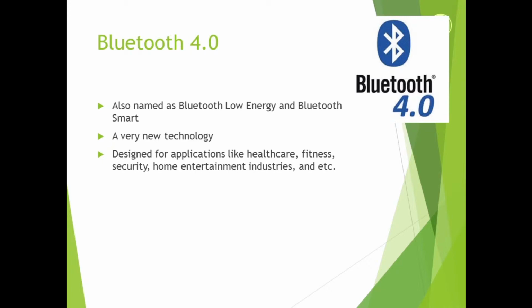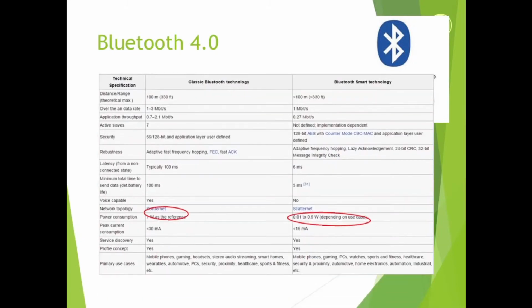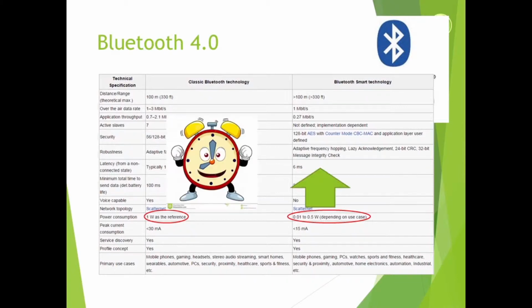One very important feature of Bluetooth 4.0 is its super low energy consumption. When compared to Bluetooth 2.0, Bluetooth 4.0 only consumes less than half of the power. Therefore, as the power consumption has decreased, the operating time of the device can be longer. And this is the main reason why we would like to change Bluetooth 2.0 to Bluetooth 4.0.